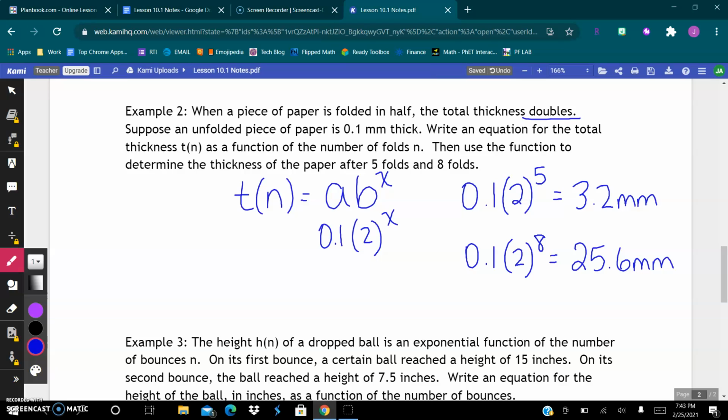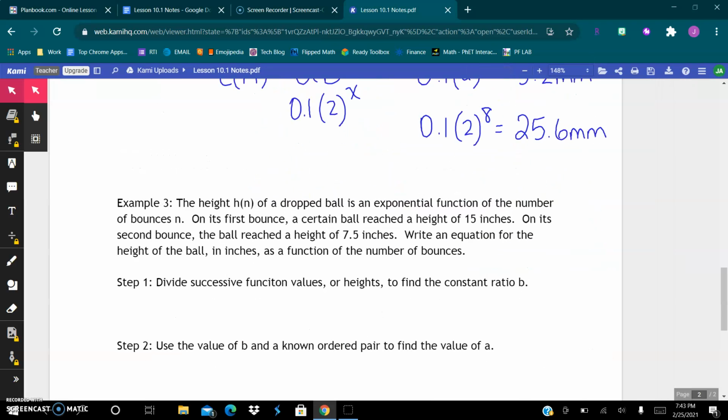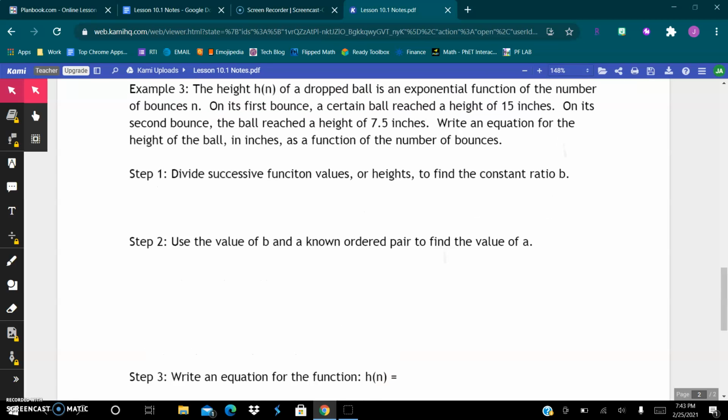So notice how that jumped, only 3 more folds, and it went from 3.2 to 25.6. So exponential growth or decay, it either can grow really fast or it can decay really fast. So you know that's when it's exponential, when you see that kind of growth or change, I guess.